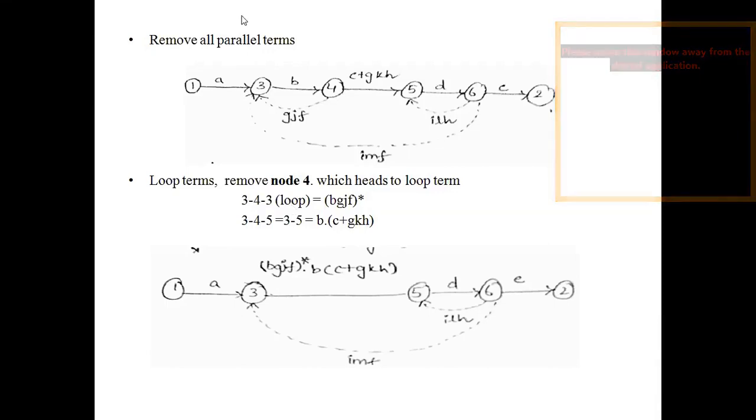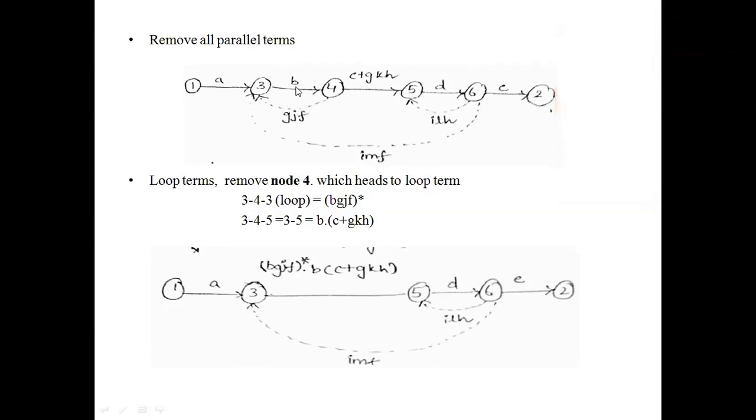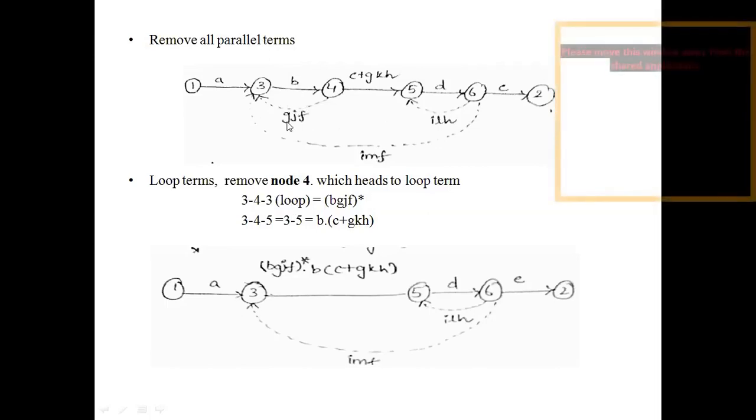So what is the link weightage? These two, B and J, G, J, F, are sequential, in continuous format: B, JF, G. What is the difference between parallel and continuous? Here, JGF, after continuing you go to B, but it is a loop, not like that.